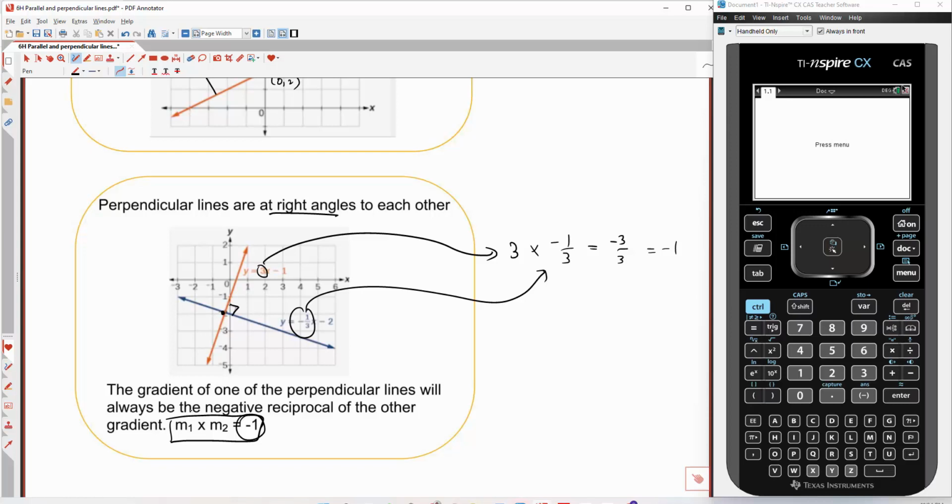Now, the other way to use this concept is, as the notes say, the gradient of one of the perpendicular lines will always be the negative reciprocal of the other gradient.